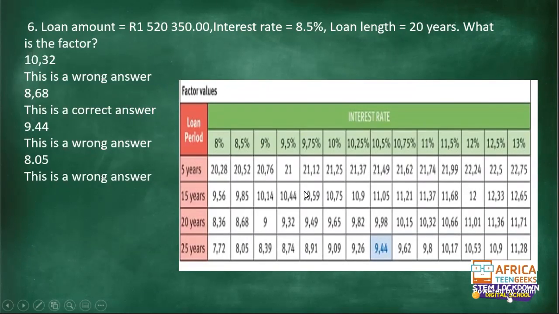Now, for a period of 20 years, the factor value is 10,32. And this is something that we need to use when we calculate the value of the repayment.